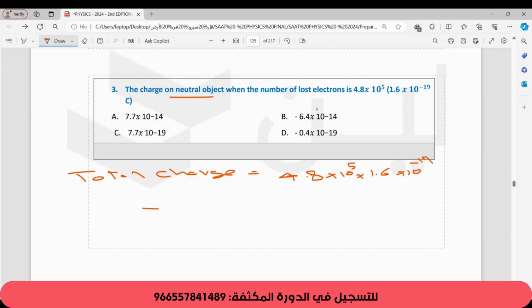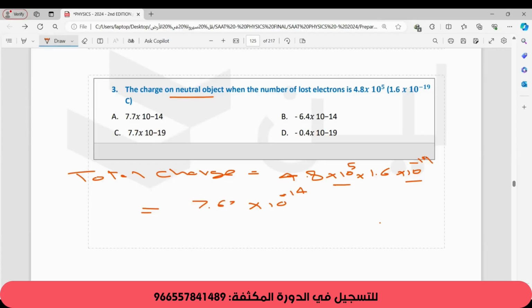Tens with tens, it will be times 10 to the power minus 14. And 1.6 times 4.8, as we did previously, 1.6 times 4 is 6.4, so with the 0.8 it will be 7 point something, 7.67, something like this.